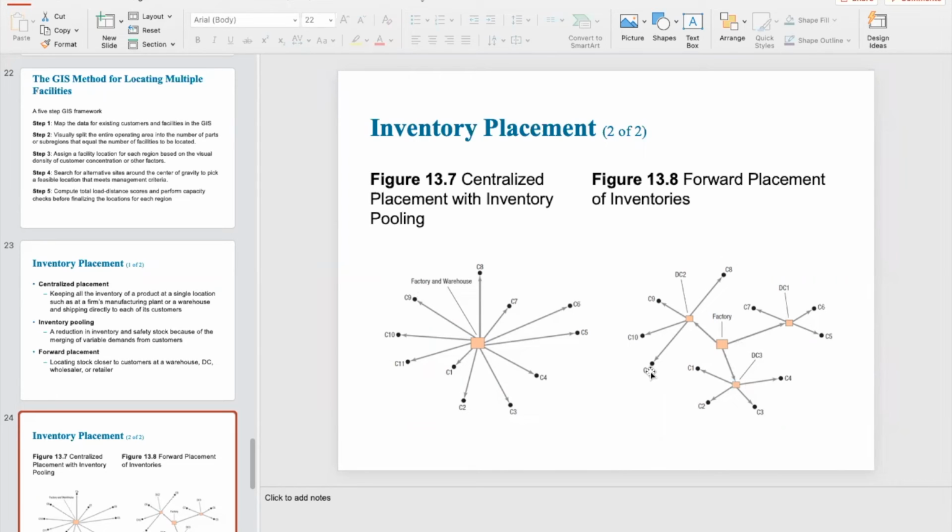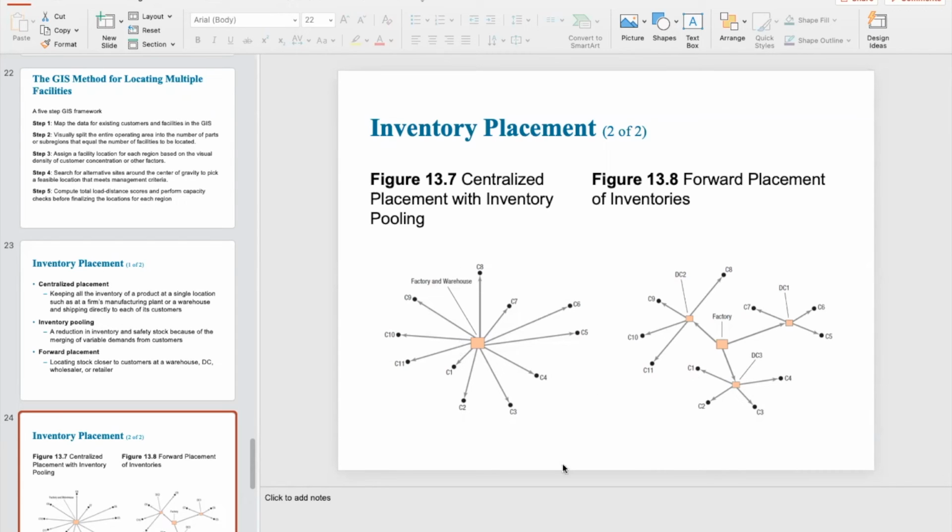So definitely there are some advantages and disadvantages of using either method. Clearly, with the forward placement method, the delivery time will probably be shorter, and the transportation cost will also be lower, since the straight line distance is lower compared to the centralized placement method.